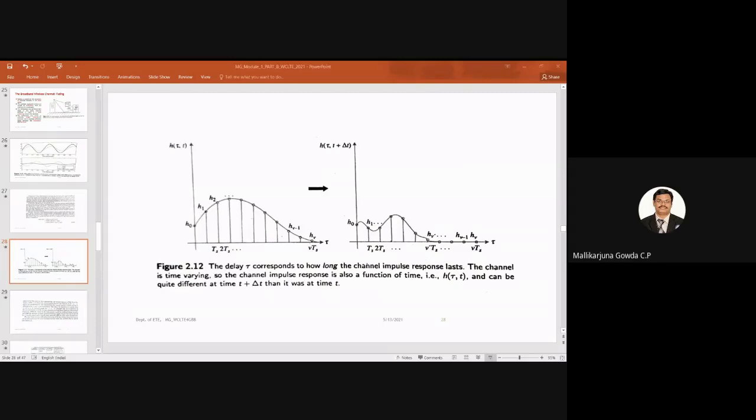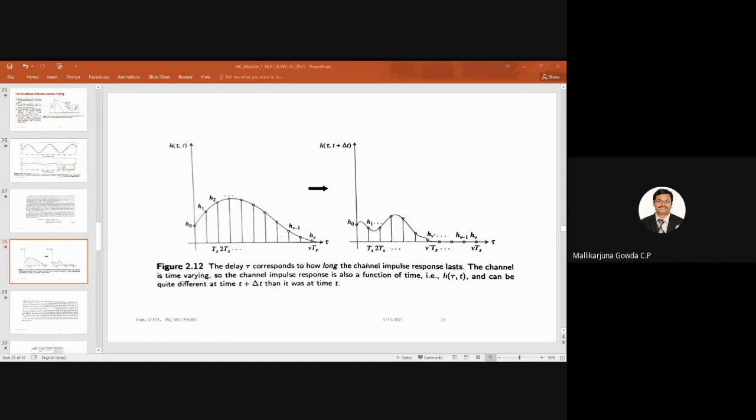This is what I wanted to say. The delay corresponds to how long the channel impulse response lasts. Since I said the channel is time varying, the channel impulse response is also a function of time. Here I have shown the two responses: one is h of tau comma t, and the other is h of tau comma t plus delta t.